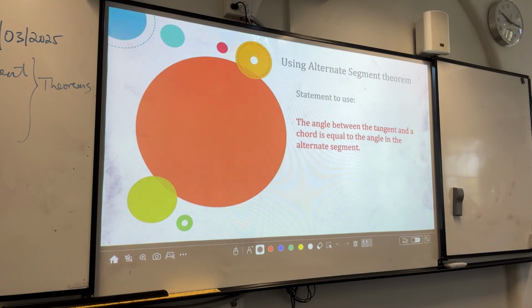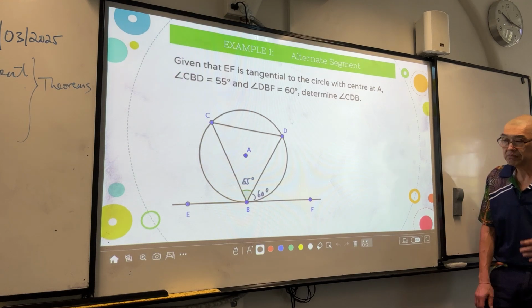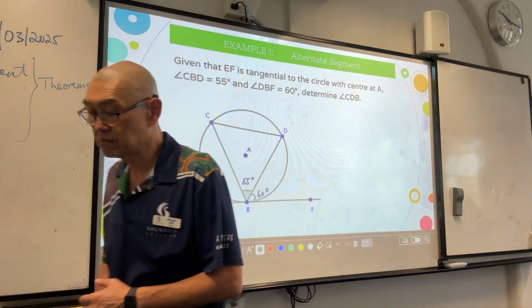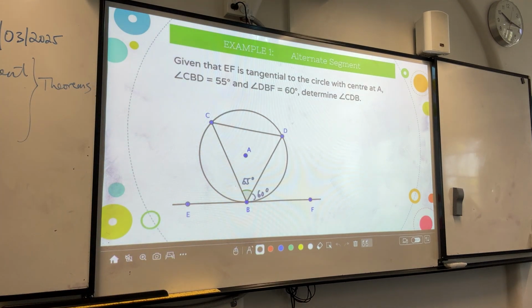All right, let's follow this one up with some examples. Let's do example 1. Given that EF is tangential to the circle with the center at A, CBD equals 55 degrees, and DBF equals 60 degrees, determine CEB. What I always like to do when solving problems like this is annotate the diagram. It makes it a little bit easier. I'm a visual person.